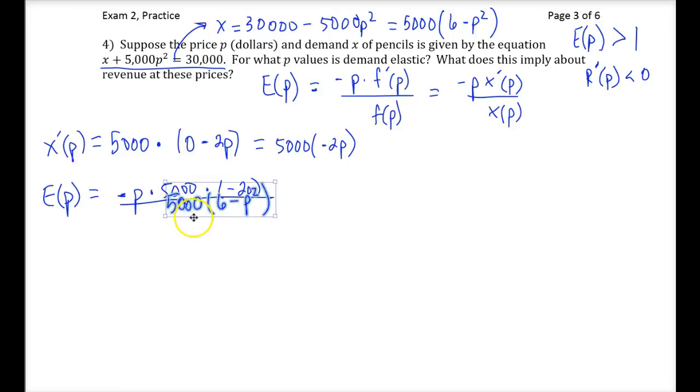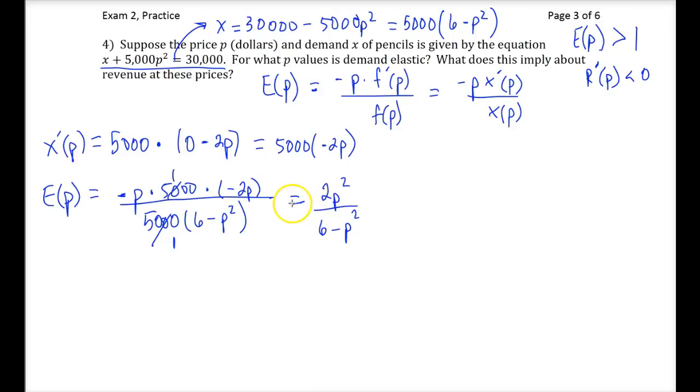Here we see that 5,000 is reduced to 1, and a negative times a negative is a positive. So we have 2P squared over 6 minus P squared. Remember that we want the elasticity of demand here to be greater than 1. So our goal here is to have this be greater than 1.